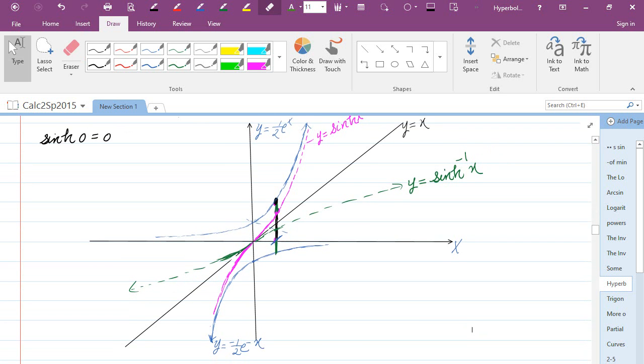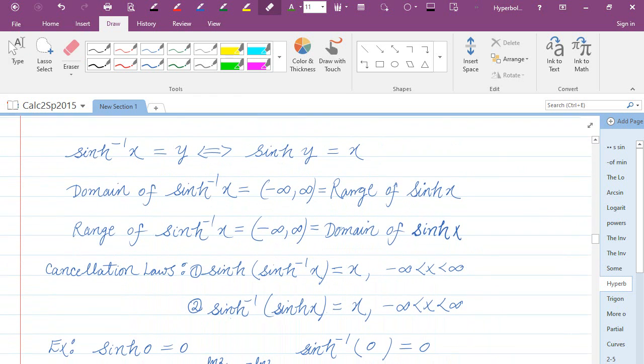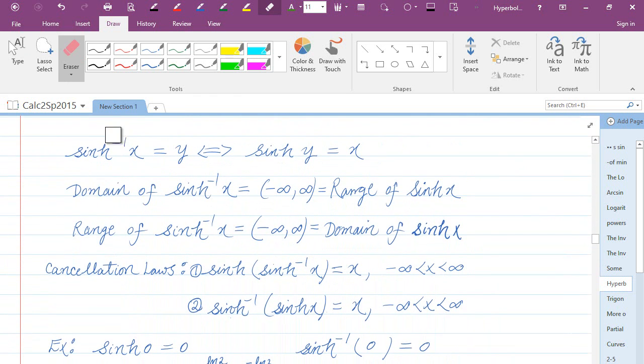All right, so let's recall, this guy is the hyperbolic sine inverse of x. So hyperbolic sine inverse of x is equal to y if and only if hyperbolic sine of y is x, because they are inverses. So basically you reverse the input-output pair.